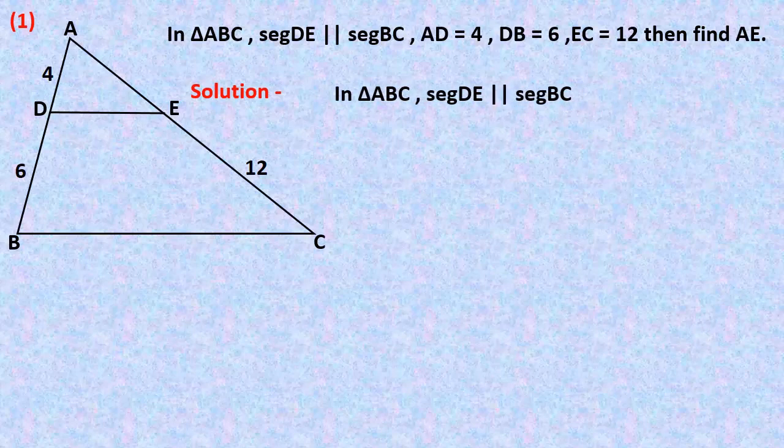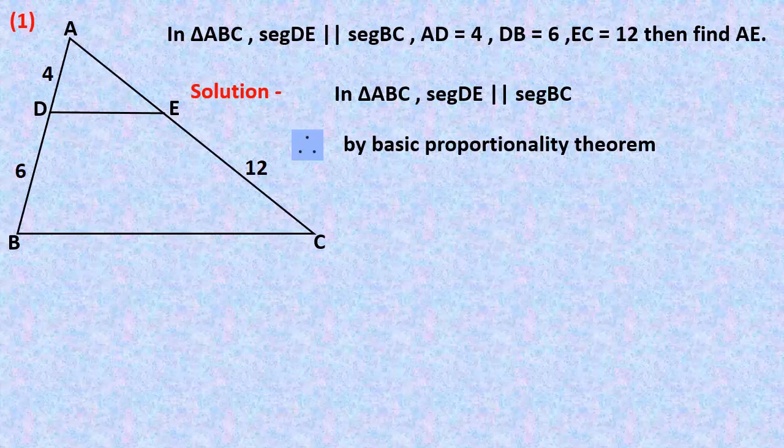What do we write? Conclusion. The first part is AD divided by the other part DB, is equal to AE divided by EC.